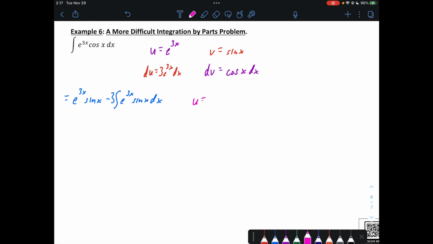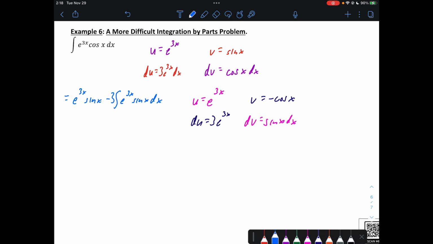So let u equal e to the 3x and dv equal sine x dx. So then du equals 3e to the 3x dx again, and v equals negative cosine of x.